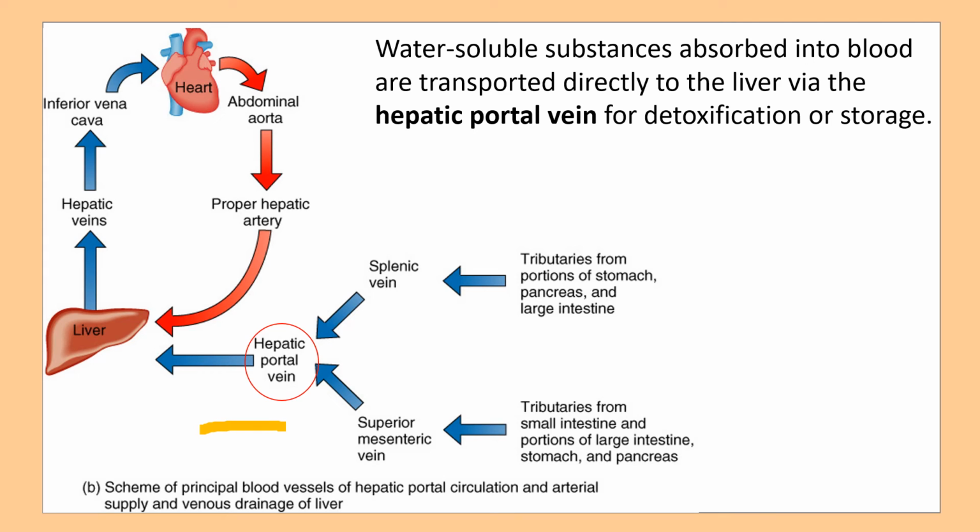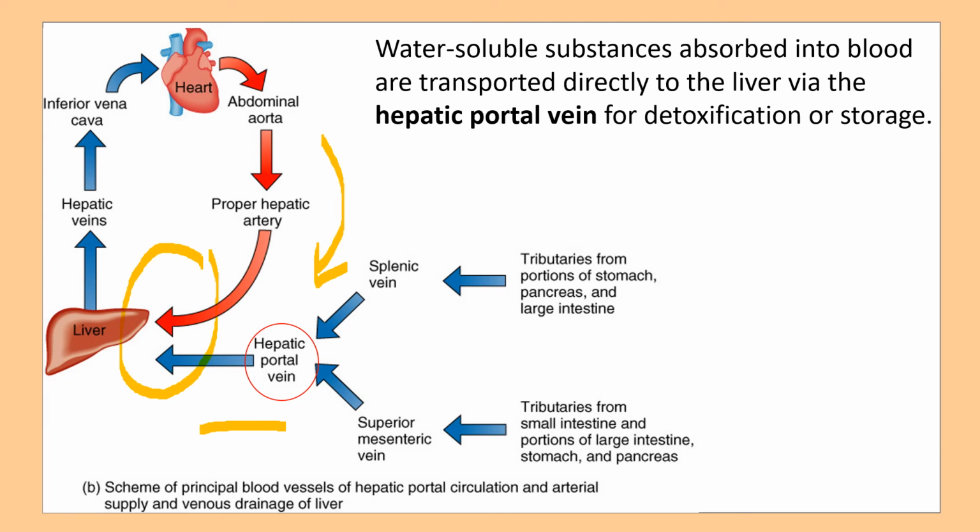And as we can see here, this liver receives both oxygen-rich and oxygen-poor blood. This oxygen-rich blood coming through the hepatic artery has recently been ejected from the left ventricle through the aorta and onward. So the hepatic artery delivers oxygen-rich blood to the liver.